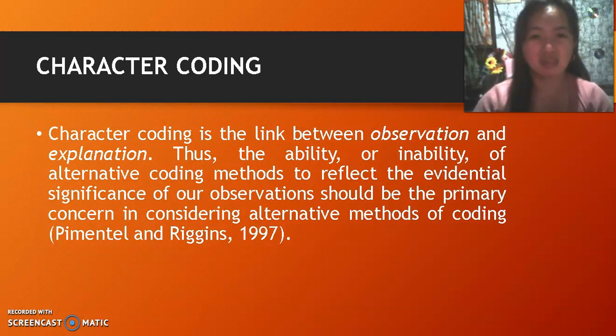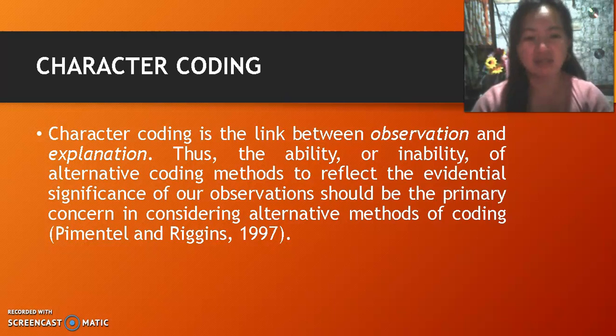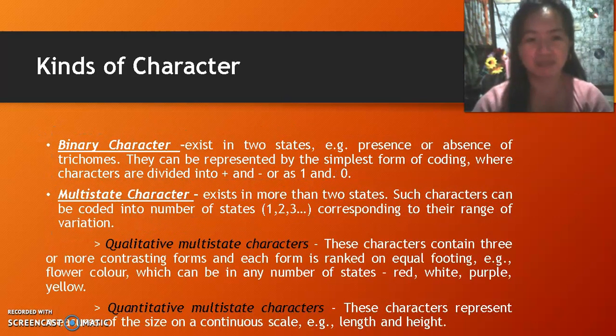So what is character coding? Character coding is the link between observation and explanation. Thus, the ability or inability of alternative coding methods to reflect the evidential significance of our observations should be the primary concern in considering alternative methods of coding.